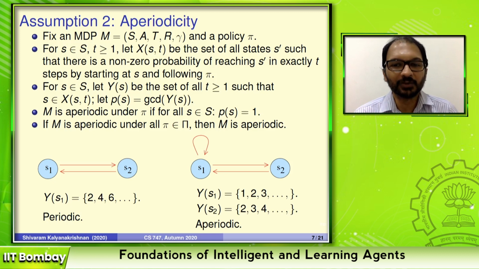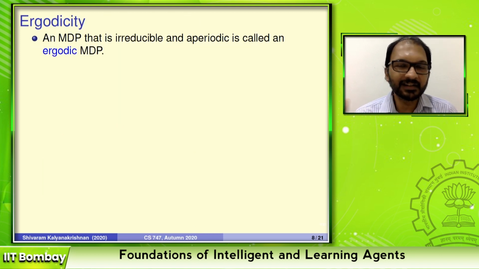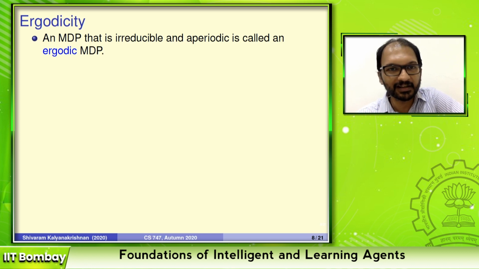Okay. So again, aperiodicity is an interesting property. We don't need it in its full form all the time. But for some of the later lectures, it's going to be useful to consider aperiodicity for the reason that if an MDP has both properties, it is irreducible as well as aperiodic, then such an MDP is called an ergodic MDP.